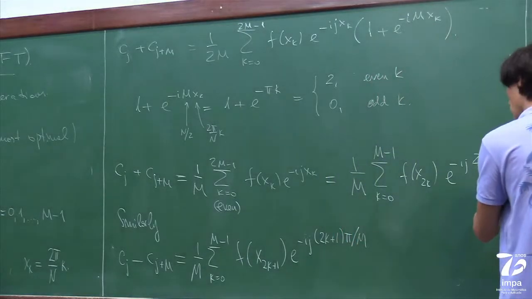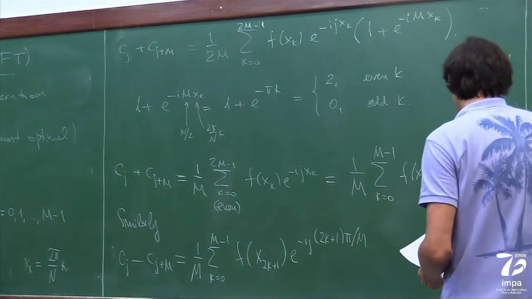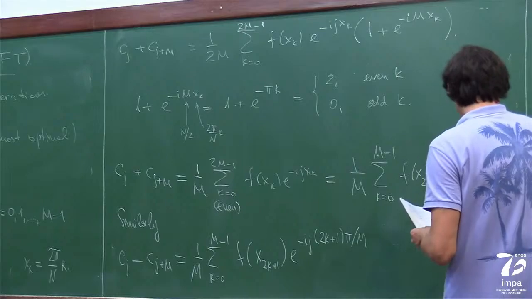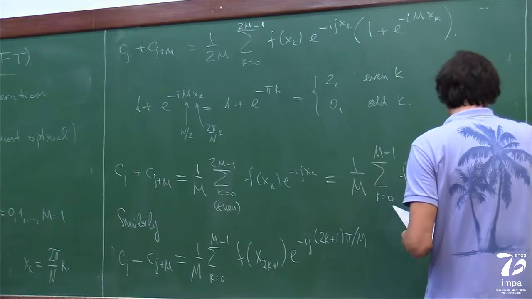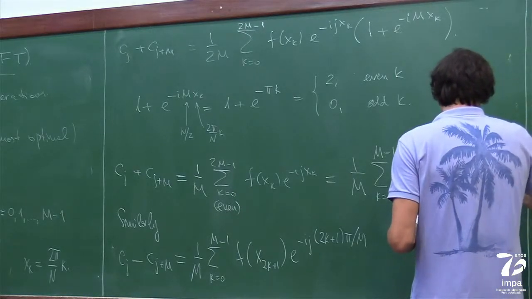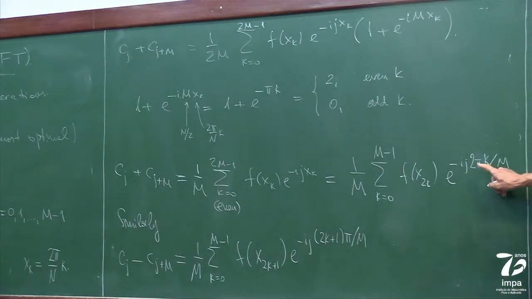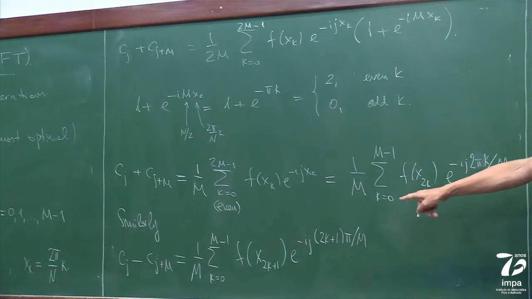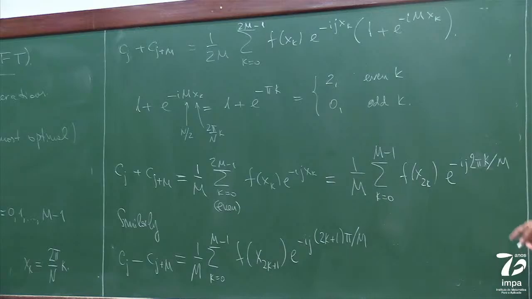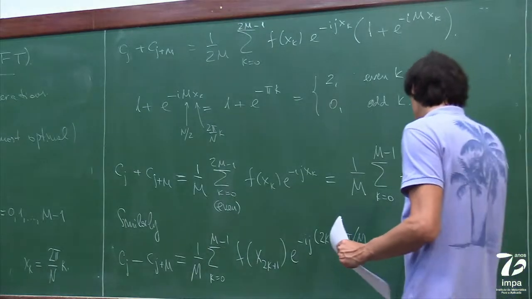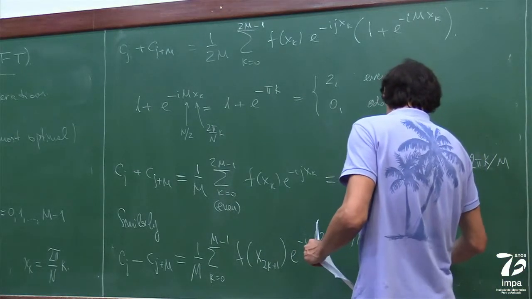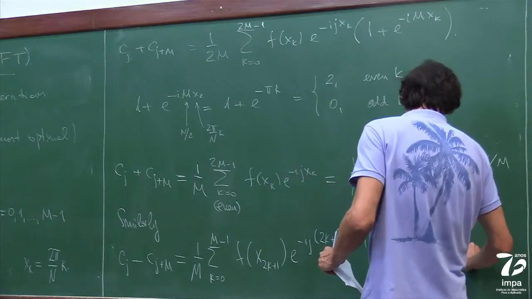There is something missing, right? So 2 pi k. I forgot k. 2 pi k, and now it will be 2k plus 1 pi. Plus 1. So instead of odd, it will be even. Okay. So in both cases, j now just goes from 0 to m minus 1.